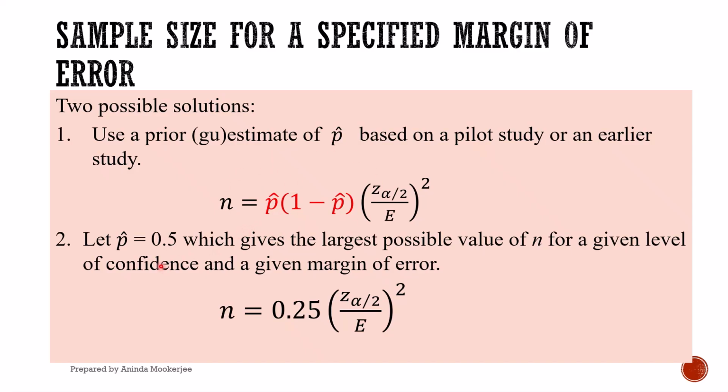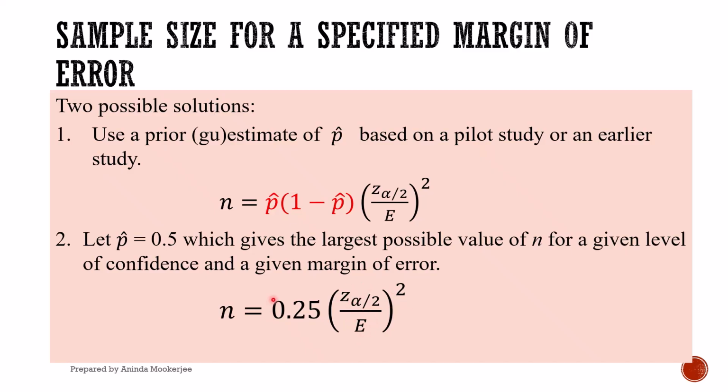The other option is to use an arbitrary value of 0.5 for the sample proportion p hat. And when we use 0.5 for p hat, then the formula that we get is 0.25 times z of alpha by 2 divided by e whole squared.